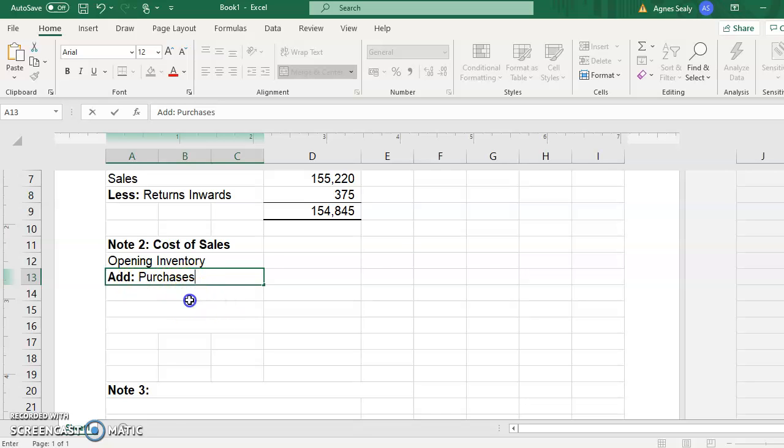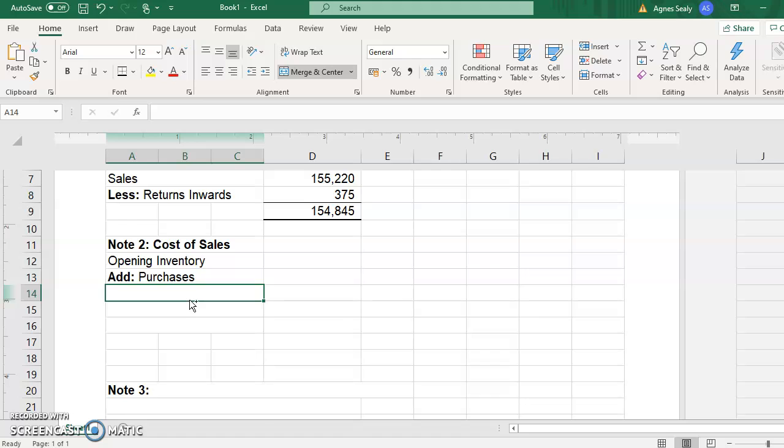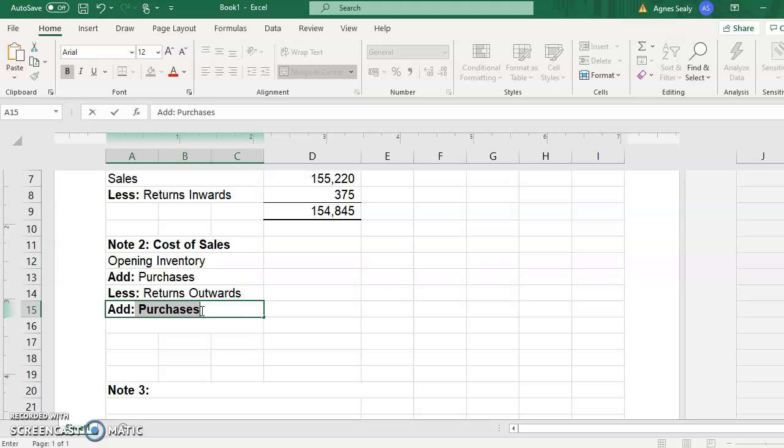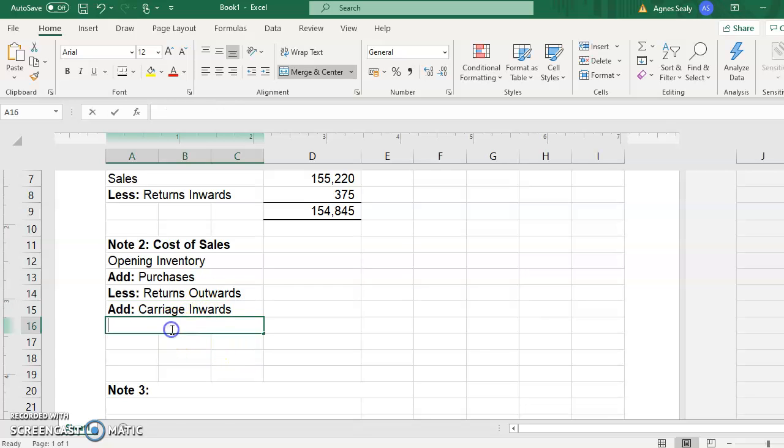If we have any purchases returns, we are going to subtract our purchases returns, so returns outwards. And if we have any transporting or freighting or duties that are associated with our purchases, then we would add those as well. So we're going to add carriage inwards, and then we would subtract our closing inventory.